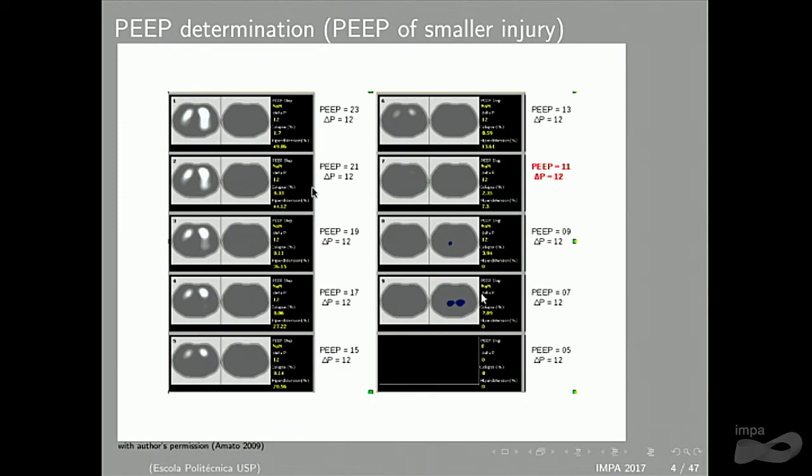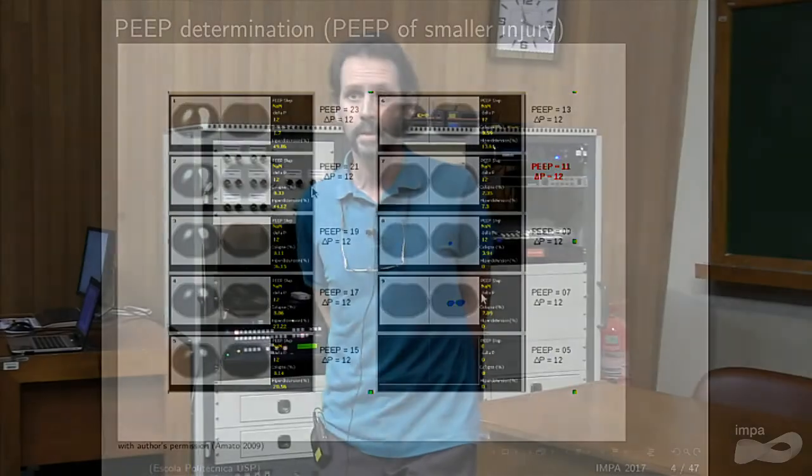In the right column, we estimate the regions of the lung that are collapsed. We know the regions that are collapsed because the variation of the resistivity is caused by perfusion of blood and not by ventilation.